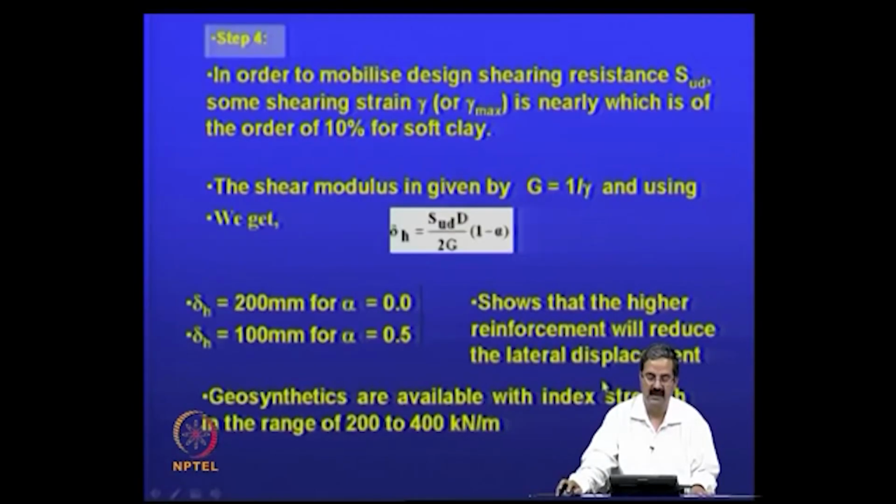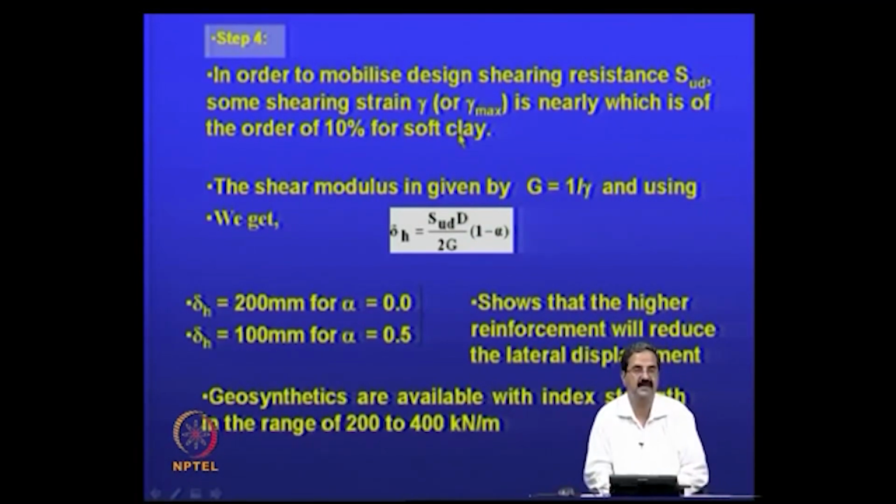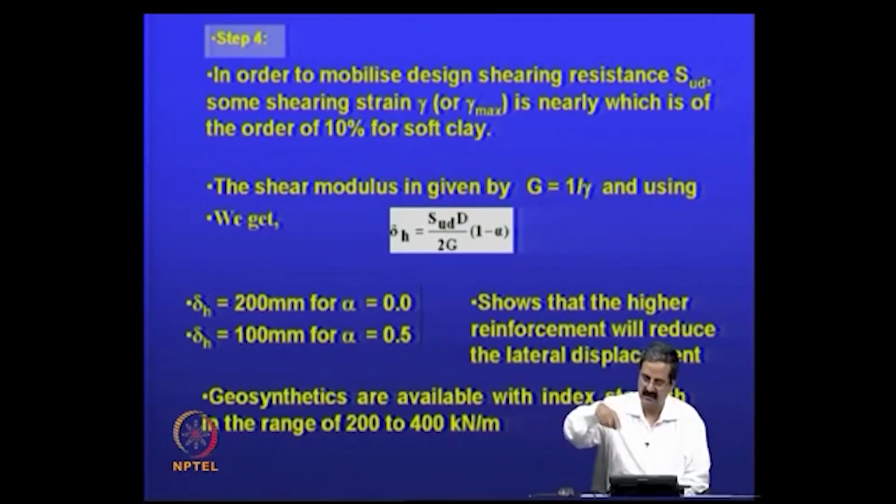So, how does it really matter in terms of the displacement? In order to mobilize the design shear resistance Su_d, some shearing strain is required. What is the basis of this 10%? You do the vane shear test, and it gives some number which is an ultimate shear strength.